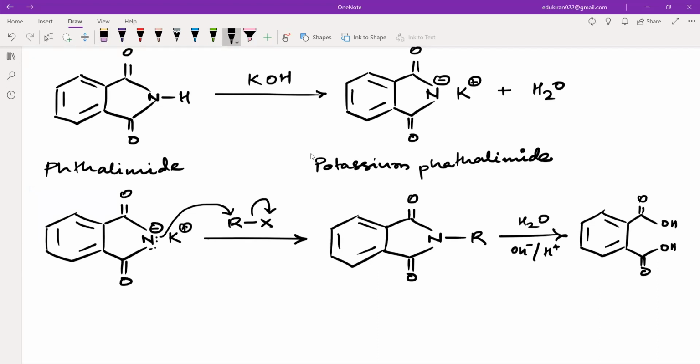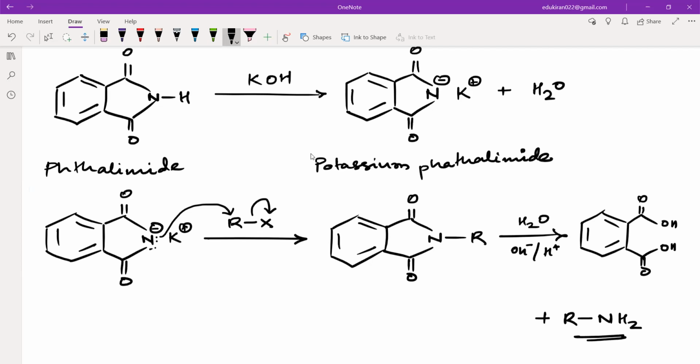So let me say that we are going to use acidic condition, and here we have the R NH2. Here you will get RNH2.